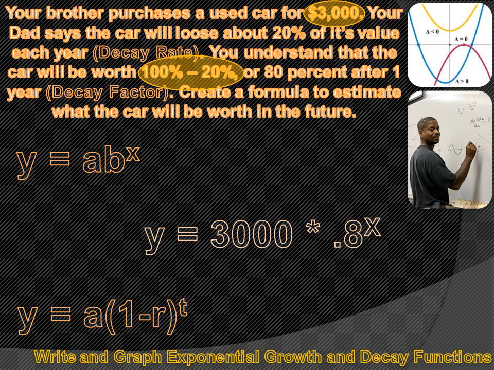And the word problem also tells me my 1 minus r, my 100% minus 20%. And I can just plug that 100% minus 20% into the equation right there where b goes. So without creating a table, I can look at this word problem and realize that the relationship is y equals 3,000 times 0.8 to the x power.